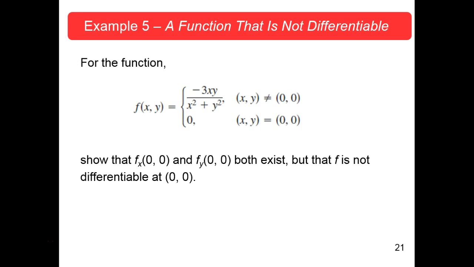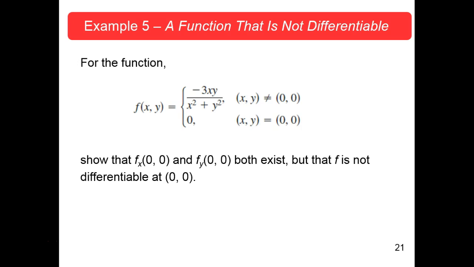So the top is just 0. Down here you get delta x squared plus 0, because y is 0. So that gives you 0 over something that's not 0. Okay, I see what he's saying. In a weird way, I see what he's saying.